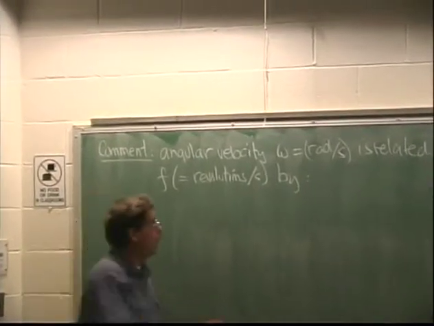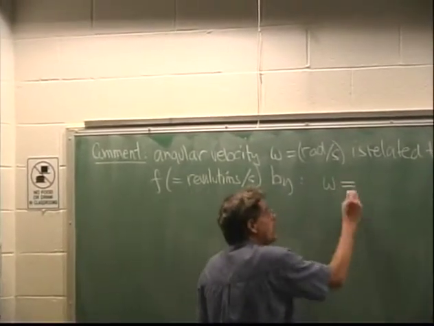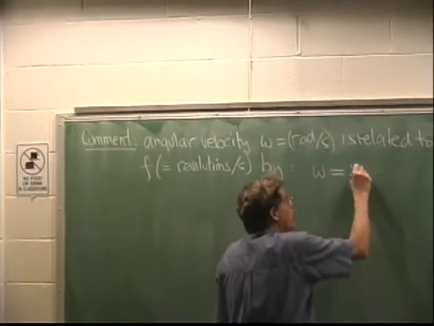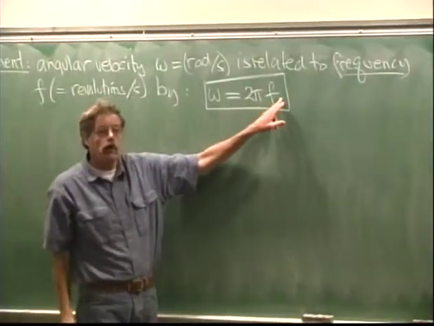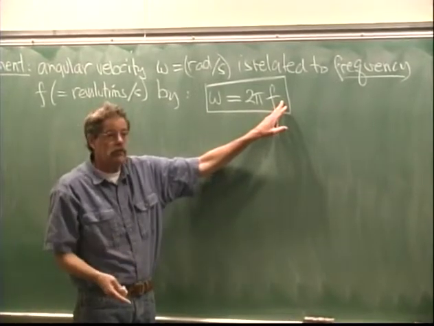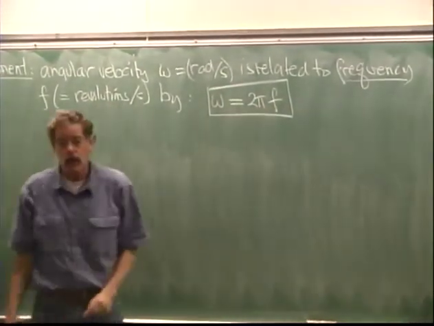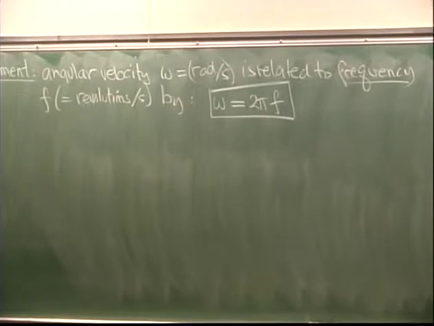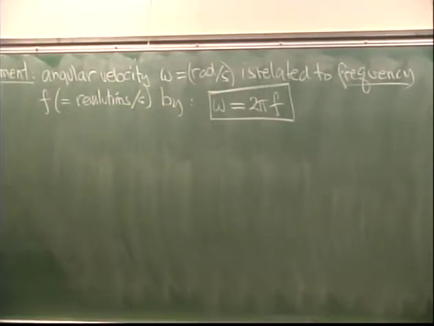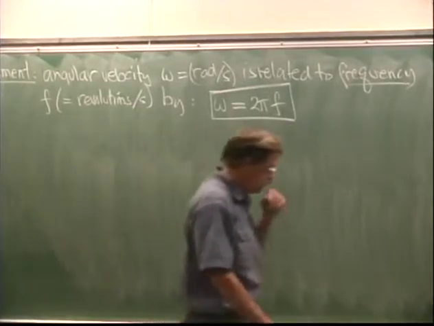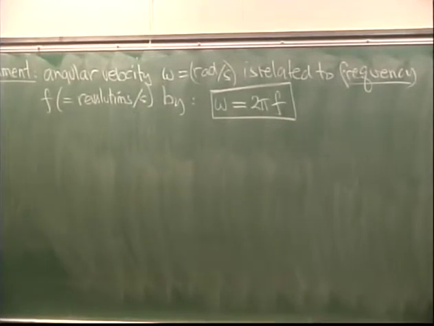So the angular velocity is going to be a larger number. It's 2 pi times the frequency. This is the number of revolutions, or the number of cycles per second. I have to multiply that by 2 pi because there are 2 pi radians in each cycle. So there's the connection between angular velocity and frequency.